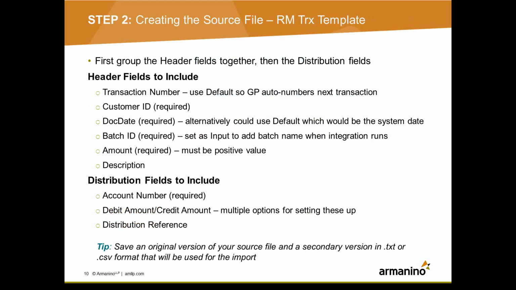You have to do a 2-line transaction for each transaction that's going to be in your file. So you're going to have 2 lines in the Excel file per transaction. The header information is going to be the same for both lines. The distribution detail is what's going to change because you're going to have 2 distribution account numbers, and one's going to be a debit and one's going to be a credit. So that's why you have 2 lines.